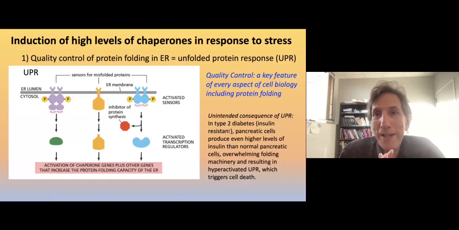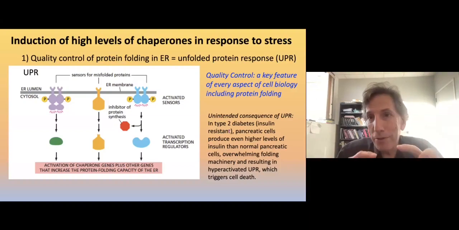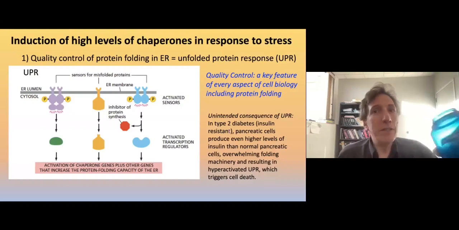And if you think about it, that makes sense. You need chaperones to deal with unfolded proteins. If you have a lot of stress, you start to see unfolded proteins and you make chaperones, and enough chaperones to fold them normally. Unfortunately, for example, in type 2 diabetes, you have so much unfolded protein. If you remember, those patients are insulin resistant.